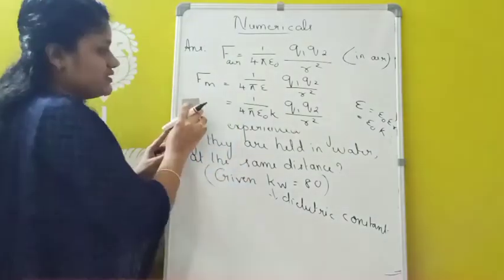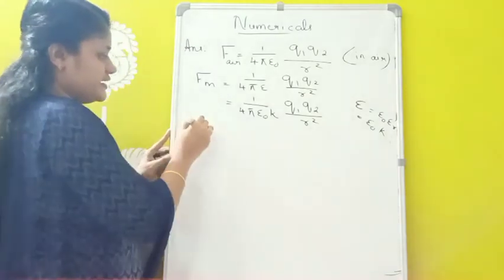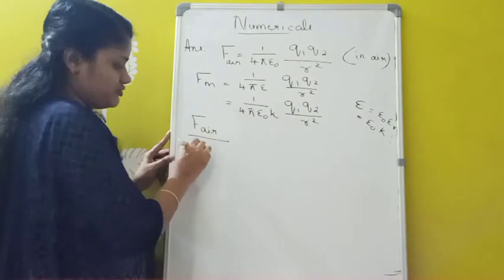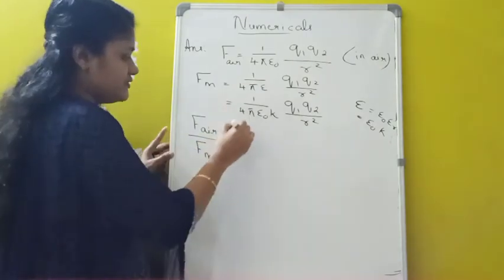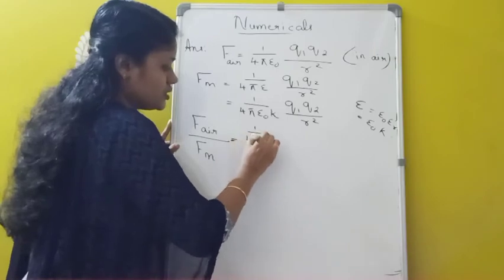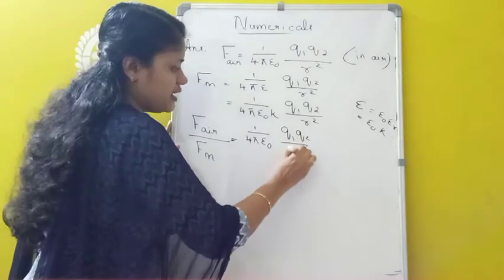Okay. Suppose we are dividing these two, F air and F medium. So for the first one, F air, it is 1 by 4 pi epsilon 0 into Q1 Q2 divided by R square.